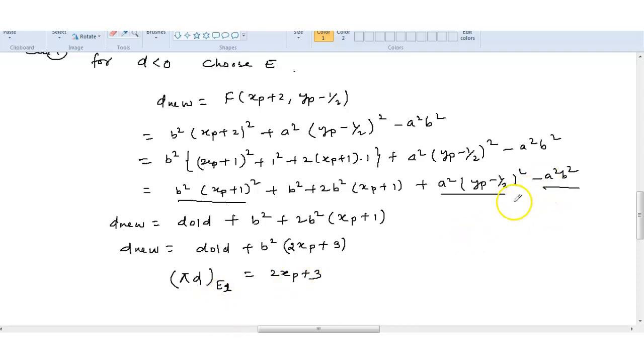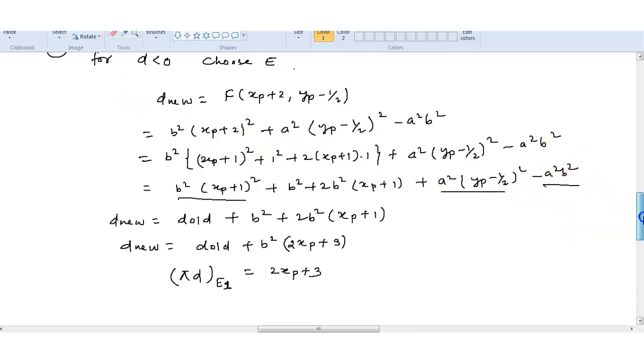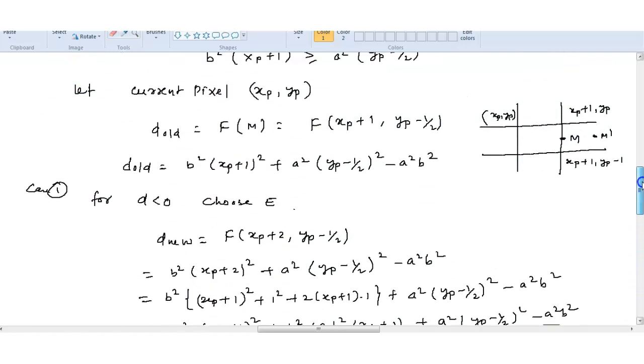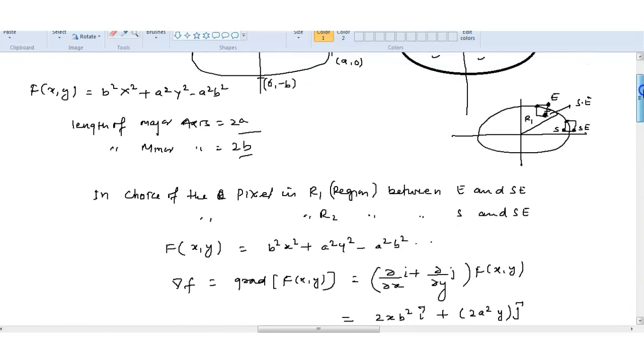Now when d is greater than or equal to 0, case 2, which means this midpoint is lying outside. This midpoint here, which we have found, is now lying at this point.